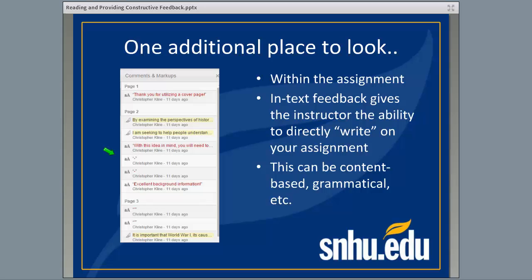But then we also have grammatical errors that can be provided and addressed within the work, and that's what you see right there. A comment, something was added right into the work. So there's multiple ways in which feedback is provided, and as I referenced, it can be content-based, grammatical, etc.